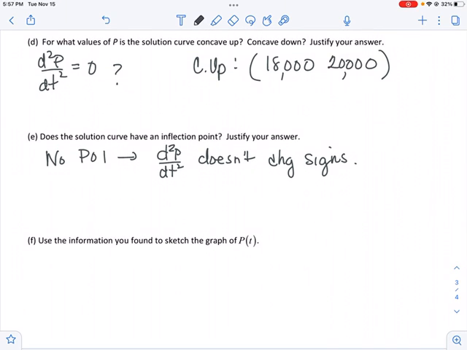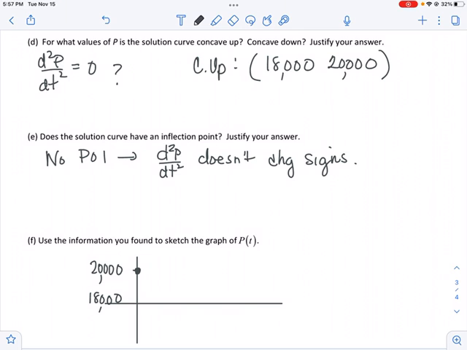Then, using the information to sketch the graph, you're going to start off at P of 0 equal to 20,000, so my graph looks like this. We start up here at 20,000, and this is the 18,000 line. We're talking about a population of fish, so 18,000 fish.